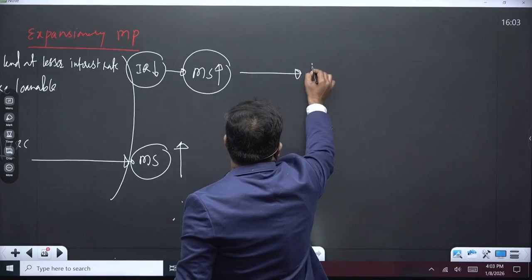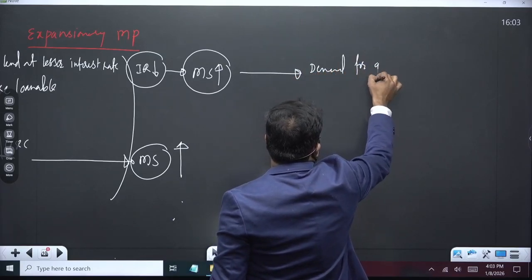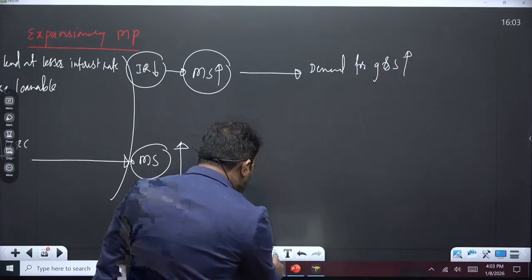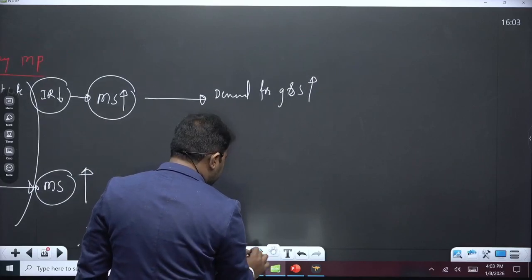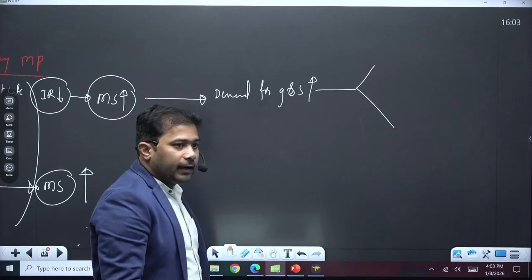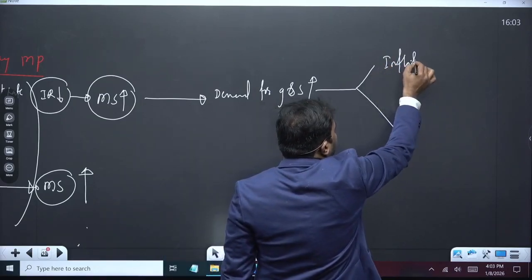So when the money supply increases, demand for goods and services increases, right? When the demand for goods and services increases, it will lead to two aspects. One is it will lead to inflation.